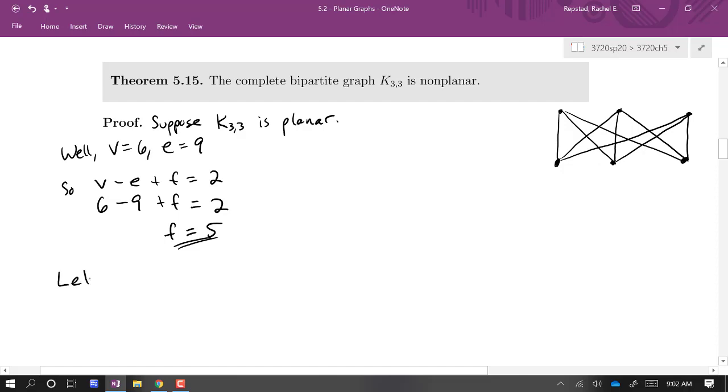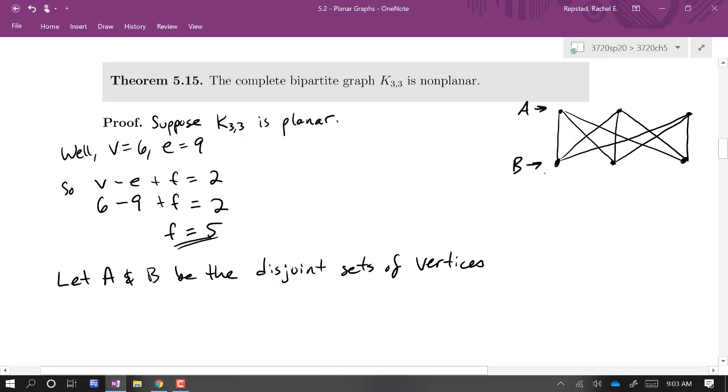So let's let A and B be the disjoint sets of vertices. So A is the vertices on top here, B will be the vertices on the bottom. And let's think about what it takes to make a face, right?